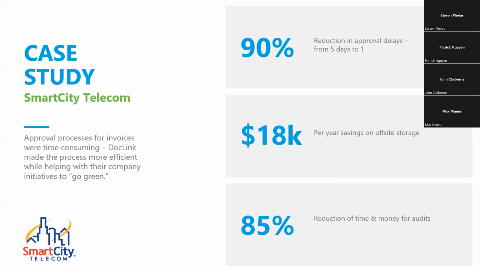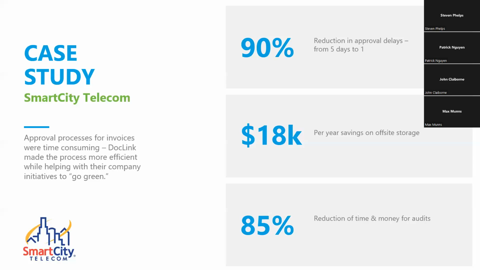The accounting department was challenged with managing the approval process on a manual basis, maybe similar to how you folks are doing it. Invoices weren't moving through the process quickly enough. Managers were sitting on their invoices. Things weren't getting approved on time. Documents were lost or inadvertently thrown away.